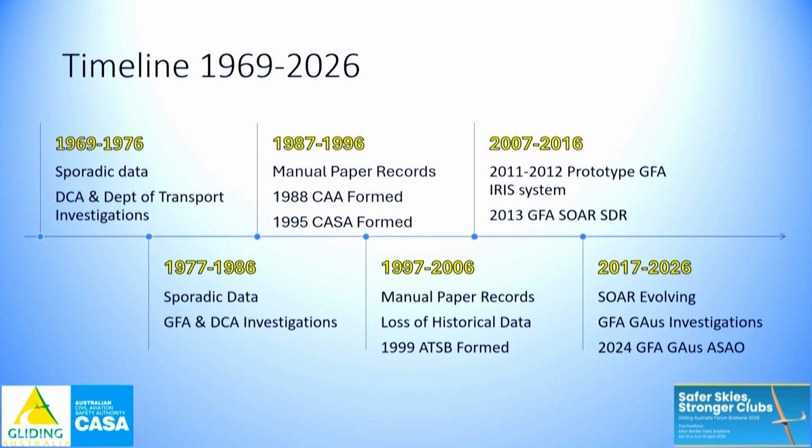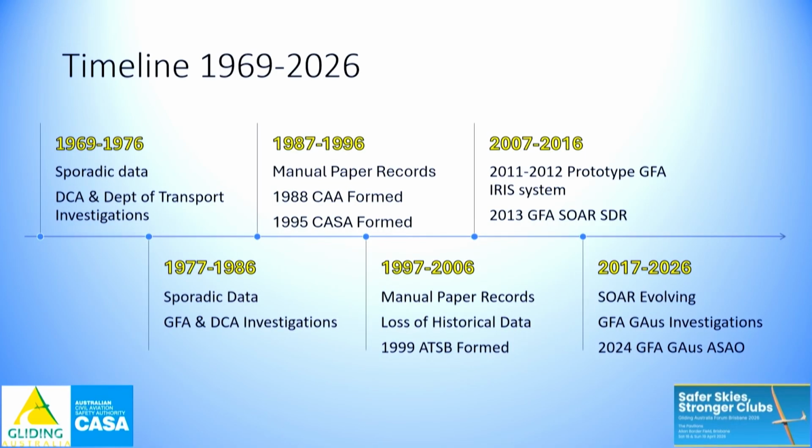About 15 years ago, we started looking at electronic systems, and we started working with a company called ASN, Aviation Safety Network, and we built a system called IRIS, which was based on ICAO and CASA nomenclatures and taxonomies, which were more appropriate for powered aircraft.